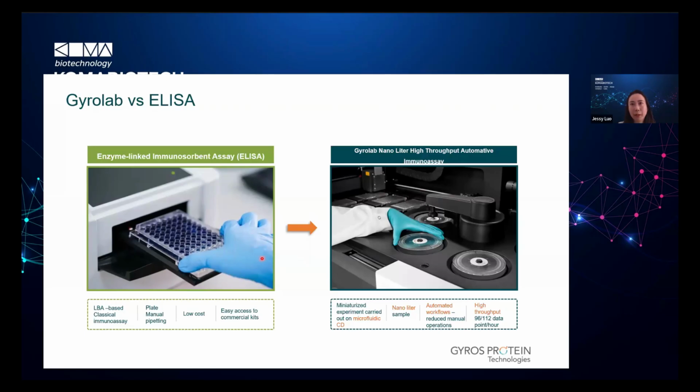For ELISA, it may take around 3 to 4 hours to do one plate analysis, but on Gyrolab, with this one CD, we just need 1 hour to get all the results.